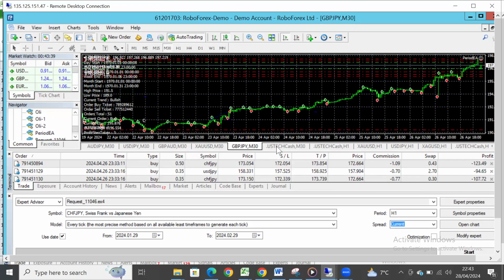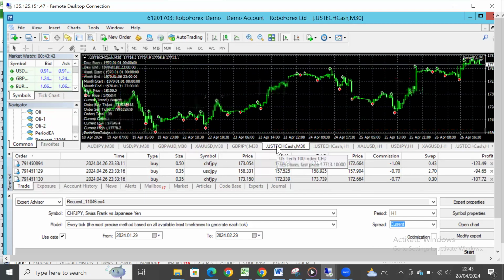So over time, at the end of the day, this logic is going to help us to identify and take correct decisions that will match the trend direction of the market.